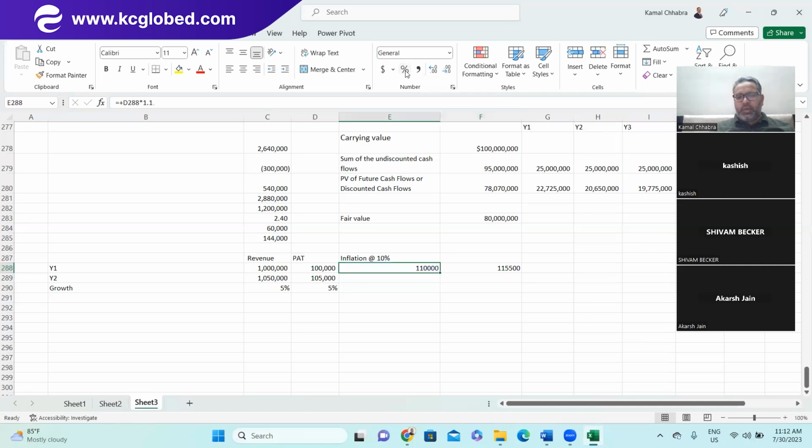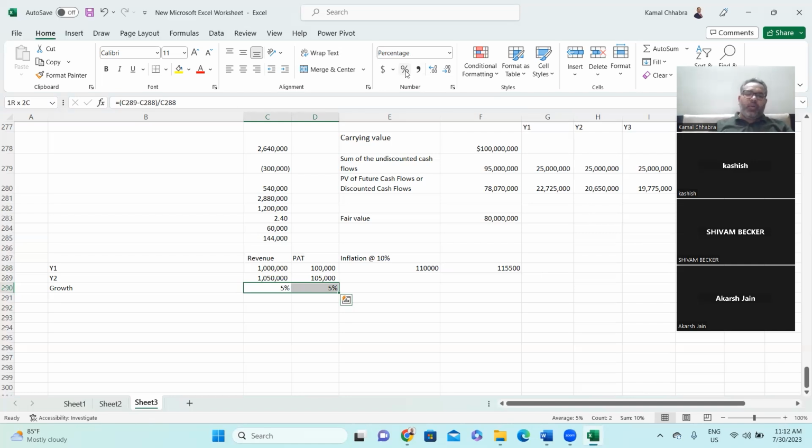Yes, over and above that. So this amount is actually not reflecting the real growth, right? It is reflecting a growth, but it's not considering the impact of inflation. So this we have seen in a very normal economic condition, right? Have you heard the concept of a hyperinflationary economy?